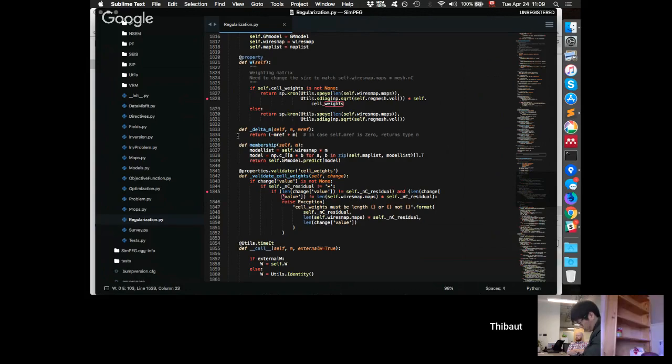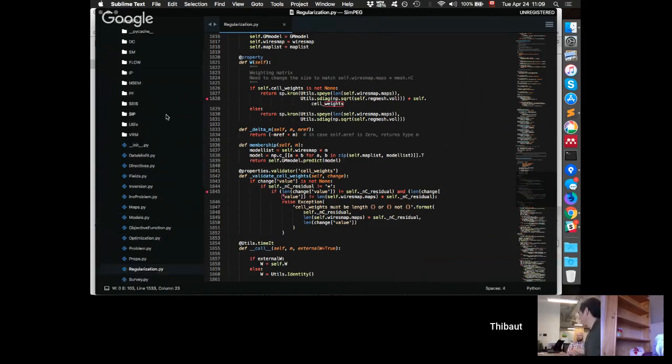It's not the case for me anymore. There are a lot of property things and validators saying that everything should have the same mapping, but it's not true for me, because the smallness takes all the physical properties and the smoothness takes them one by one. Yes, a lot of details.